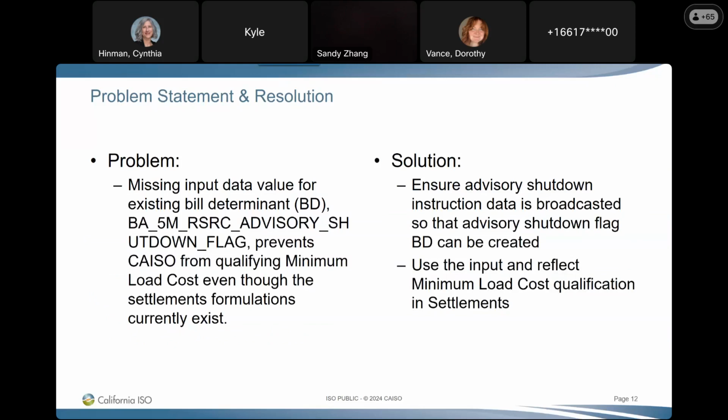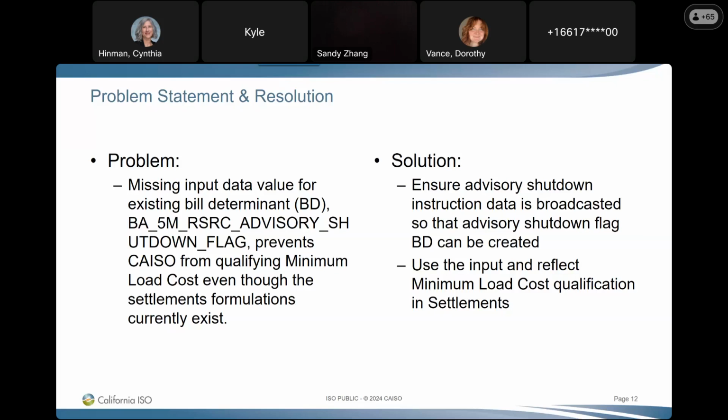And that it prevented the ISO from qualifying minimum load cost, even though the settlement formula was already there. We weren't getting that information. So the solution ensures advisory shutdown instruction data is broadcasted so that the advisory shutdown flag billing determinant can be created. And then use the input and reflect the minimum load cost qualification in settlements.